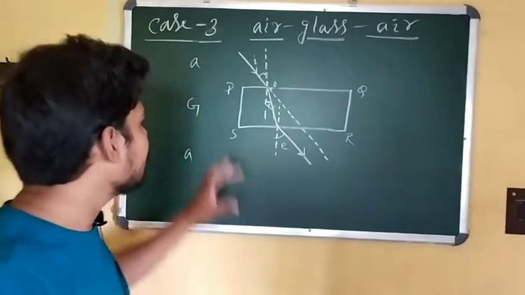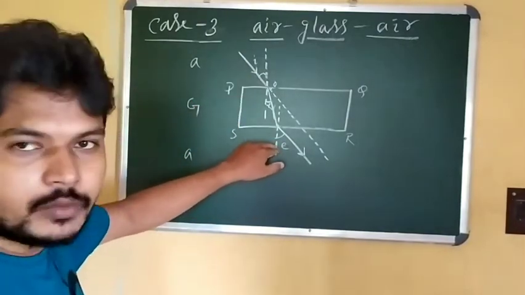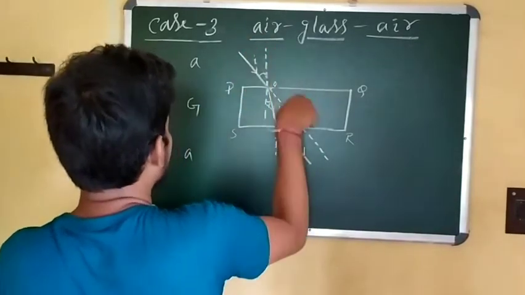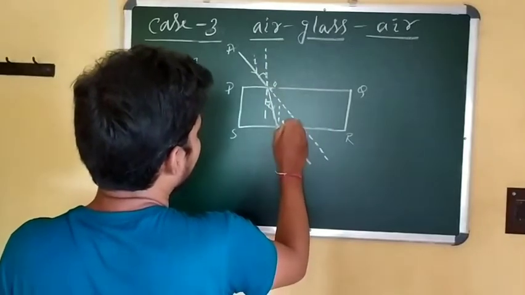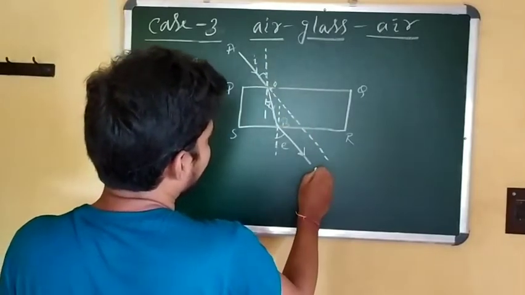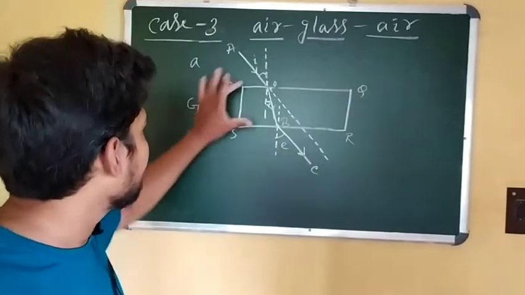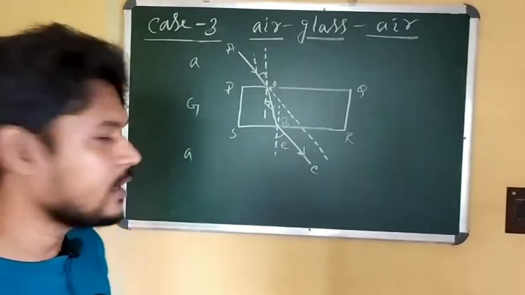Due to the presence of this glass slab, this type of refraction happens, and we get the emergent ray in this way. If you give the name of this A, capital A, O, then you put here B, and then we get C. So BC is our emergent ray, OB is the refracted ray, and AO is the incident ray.